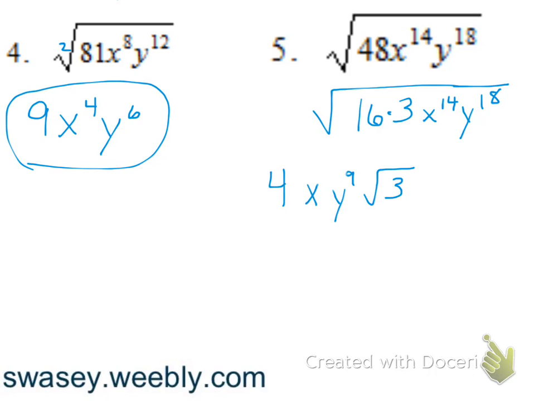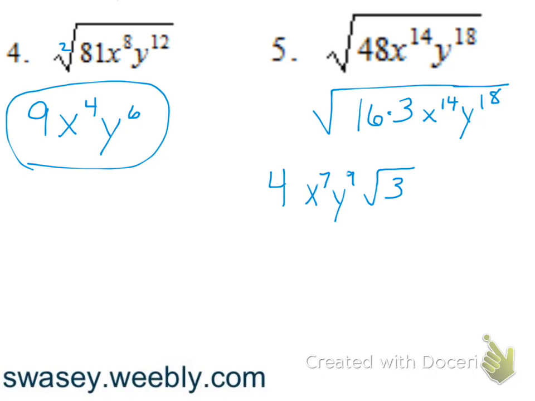Now we want to make sure that the answer here is positive, because if you look at the original, you have the positive square root of all that stuff. So we want to make sure that our final answer is positive. Well, x itself could be positive or negative. Same thing with y.